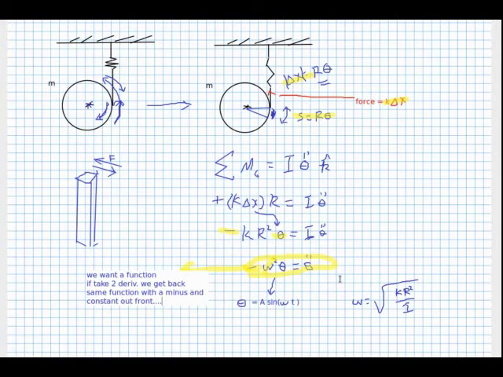For right now, though, I'm just going to write this as a sine. Now, of course, it could be sines or cosines. A sine omega t would work, and so would a cosine function. If you take two derivatives, you get the same thing back again. So would b cosine omega t.